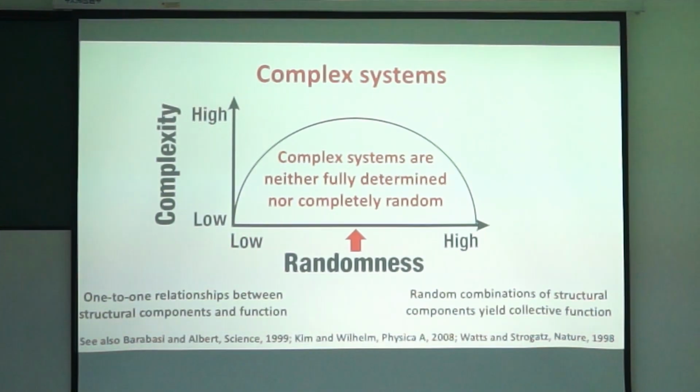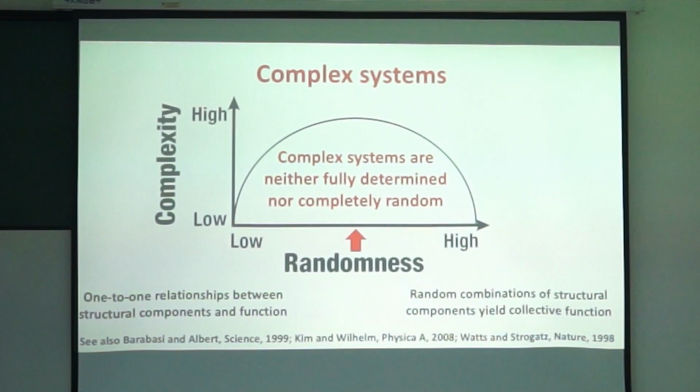And if you have random combinations of structures giving you collective function, that would also give you low complexity. It turns out there is a specific class of system called complex systems, which are neither fully determined nor completely random, where there is an intermediate level of randomness. And that is what we are dealing with across every scale of neuroscience.